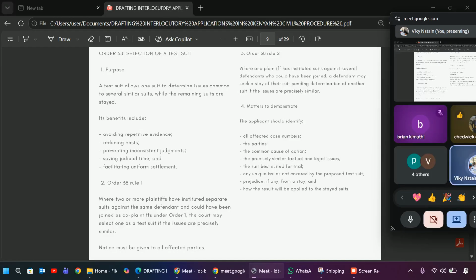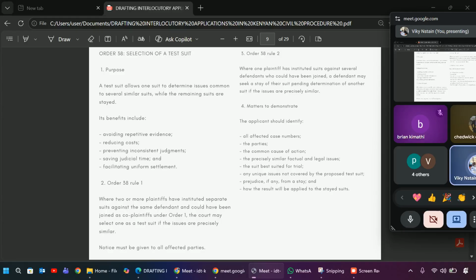In practice, maybe a test suit also prevents a sub judice situation, but we can't say sub judice because those matters are independent, it's just that they have similar issues, but sub judice is the same parties, but now the matter is also running in a different forum. No, with a court with concurrent jurisdiction to hear the same issues.